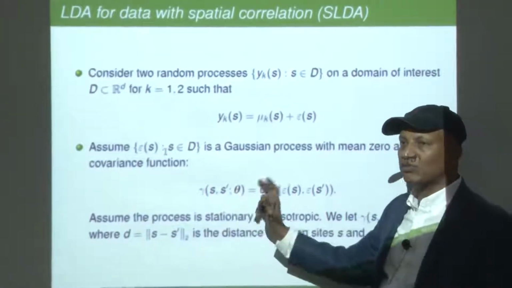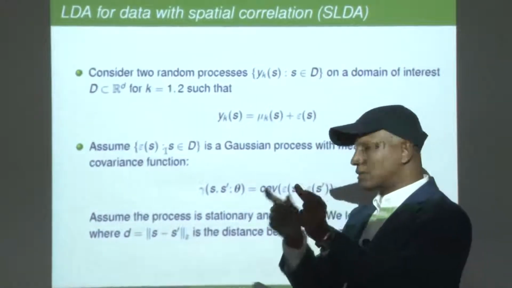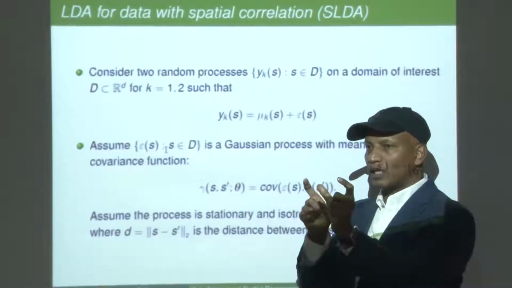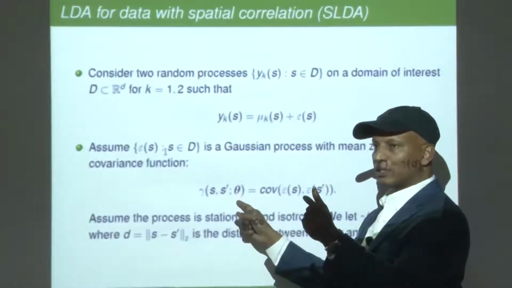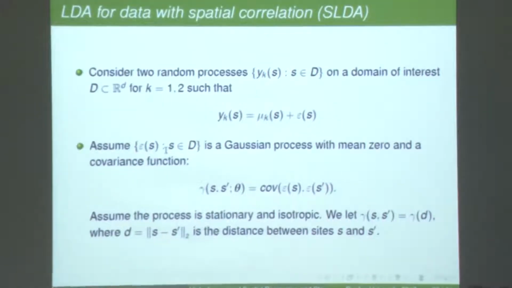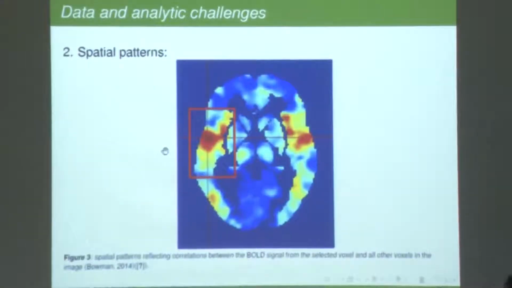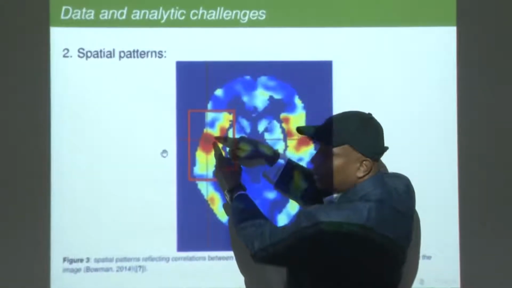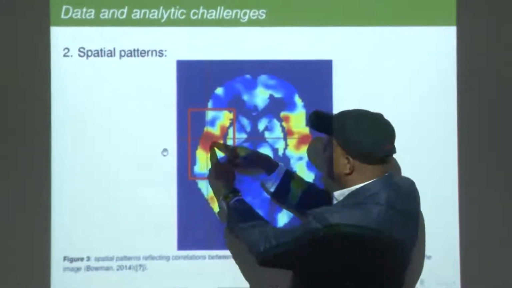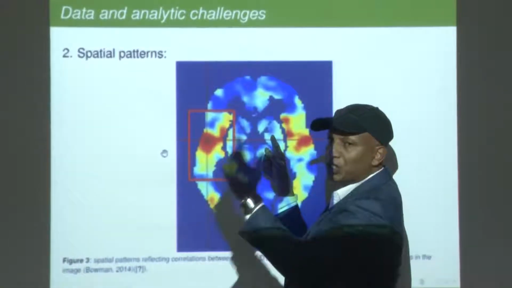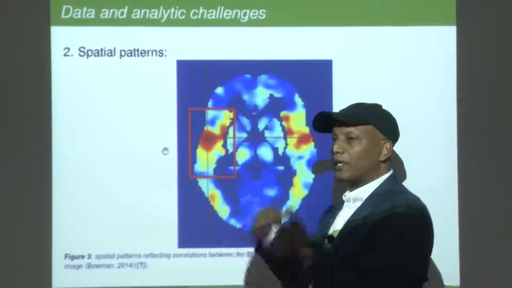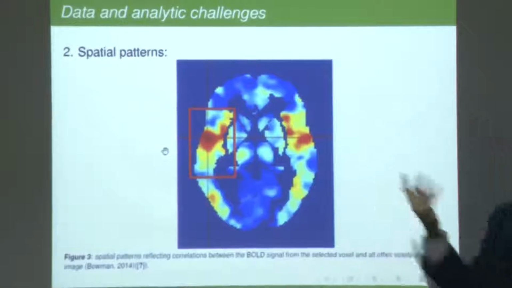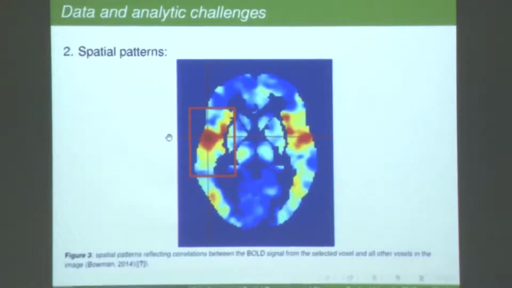This is the covariance function. Where S and S prime are located will define this covariance. So what does it mean? By choosing this function appropriately, if S and S prime are both here, I will have one type of covariance, and if S is here and S prime is there, I can make it 0 or different. That's the flexibility I get by defining this covariance function.